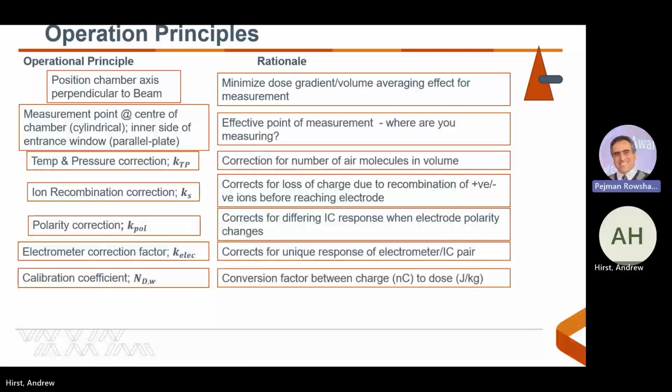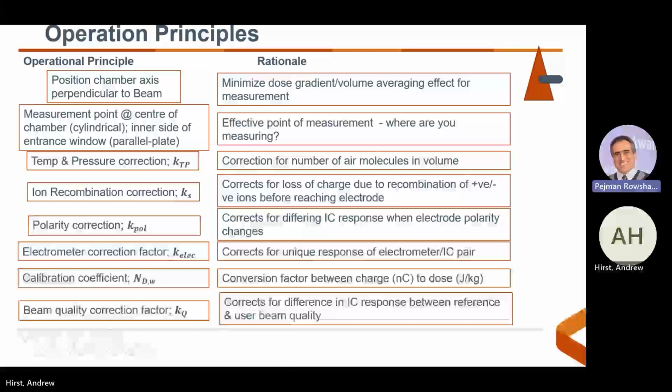The units would be joules per kilogram per nanocoulomb, and that is the factor that you get from your primary standards laboratory when you send your reference chambers. That's what they determine from first principles, and what you then try to relate to your user or field chambers.